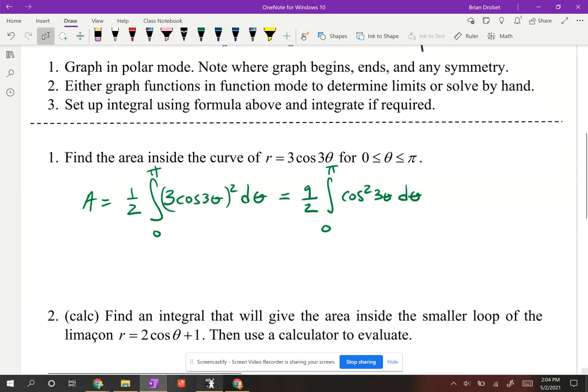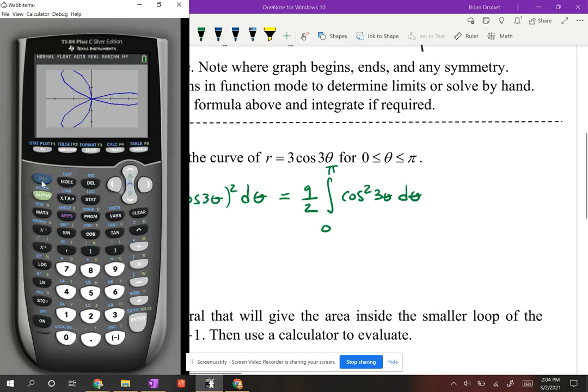So let's bring it up. I've got 9/2. Oops, wrong button. 9/2, math 9, integral from 0 up to pi of cosine of 3x.